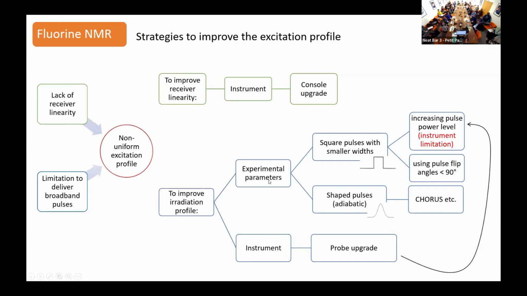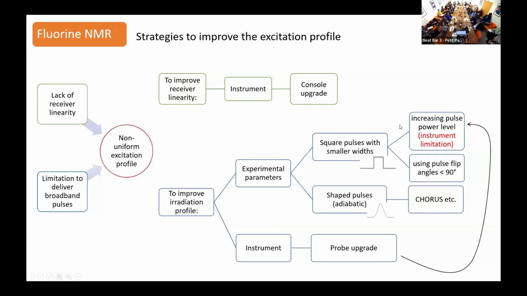For example, we can change the experimental parameters in one side using square pulses. We can use smaller pulse lengths because the more narrow the pulse length, the wider the excitation profile.